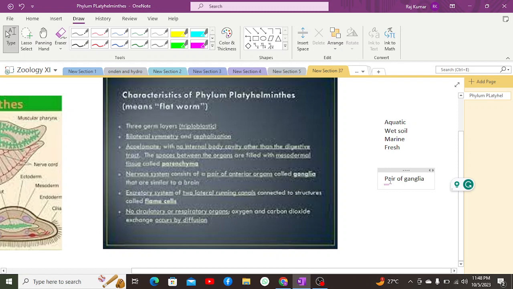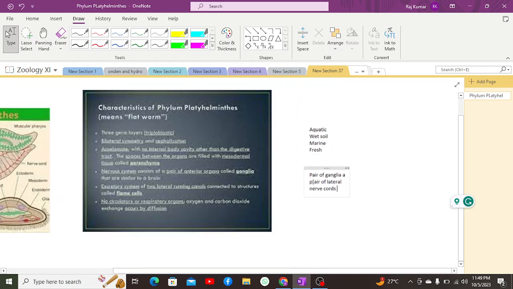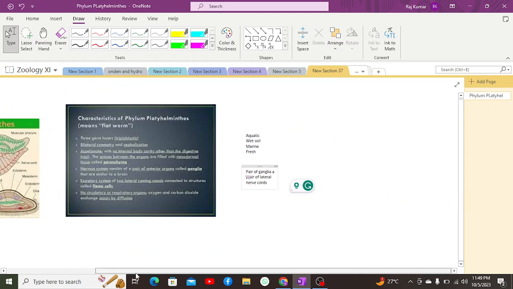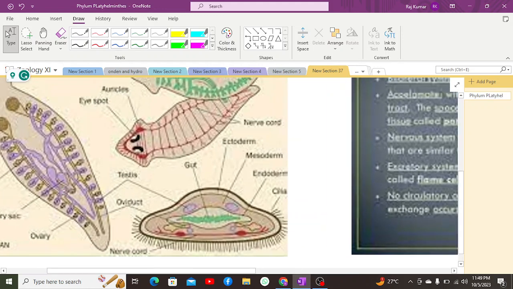So there is a pair of ganglia, which is connected with a pair of lateral nerve cords, which are interconnected with each other at several intersections, as you can see in the diagram.